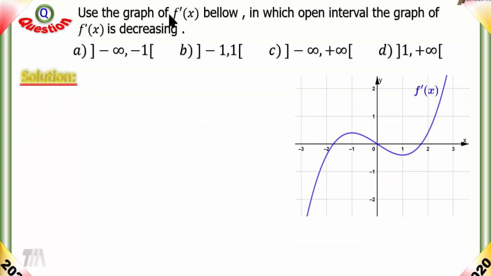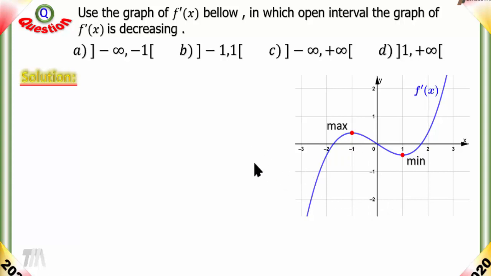Use the graph of f prime of x below. In which open interval is the graph of f prime of x decreasing? This is the function of f prime. As you can see, we have two local extrema, one maximum and one minimum.